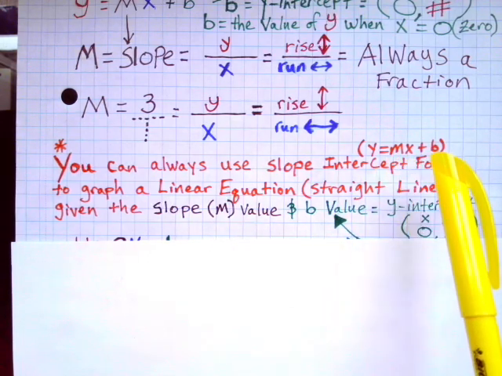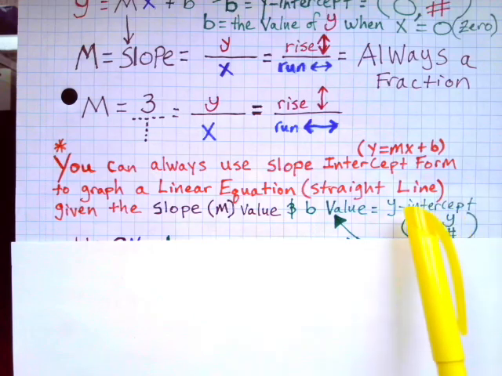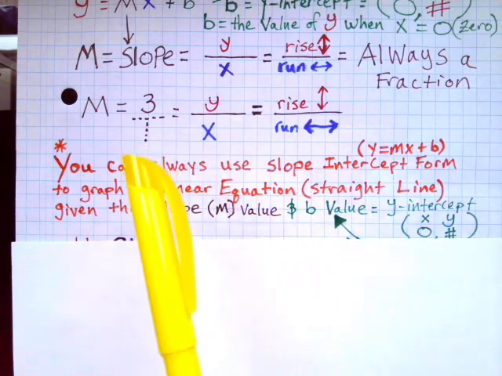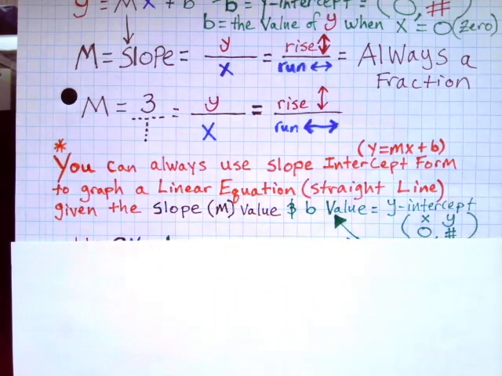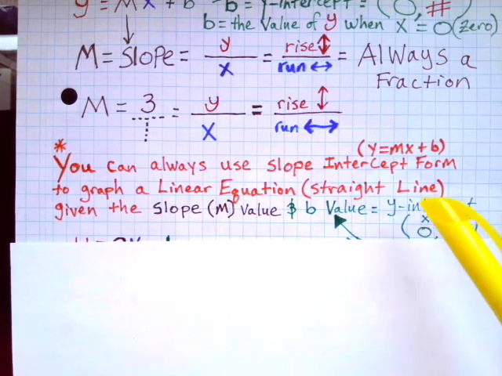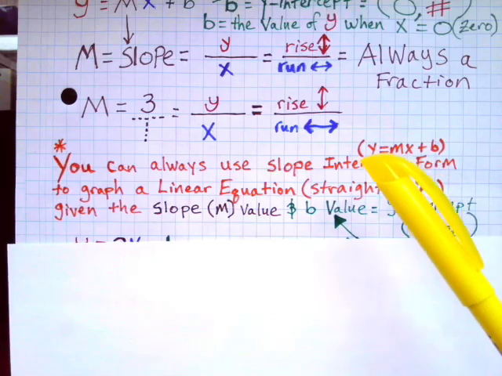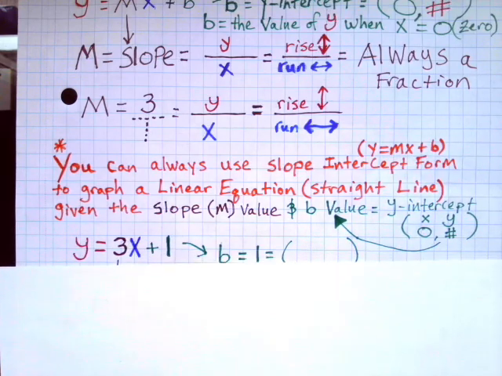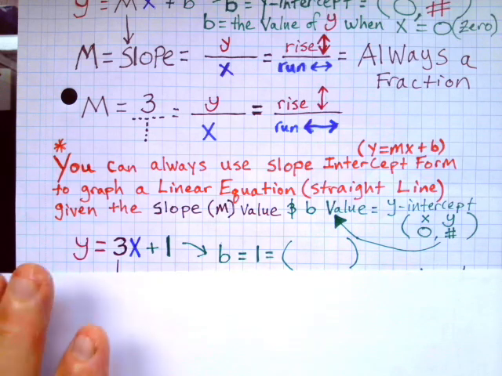Well, you start at your y-intercept where x would be 0, y would be 1. And you follow the slope, up 3 over 1. If that doesn't make sense, I will get into that in a couple other videos to show you how to graph using only the slope and the b value of any equation. Okay, so that's what I'm trying to say here. Let's continue on.